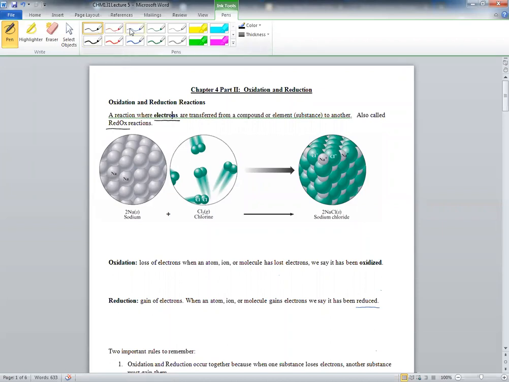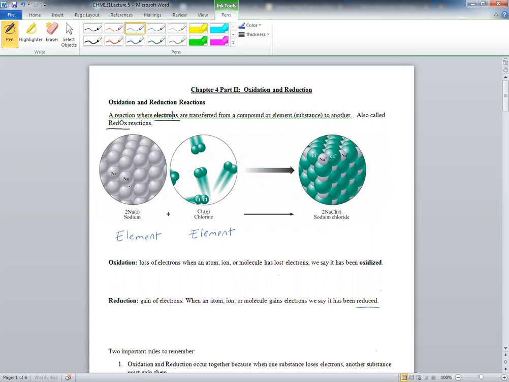So oxidation and reduction can be symbolized by using a very simple reaction. This is table salt. Table salt is made by taking sodium as an element, which has its own number of electrons, and chlorine also as an element, and you're making a compound.